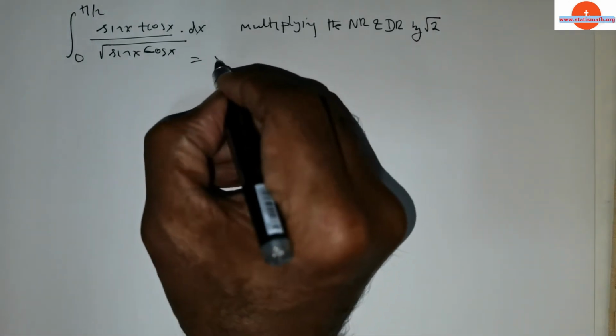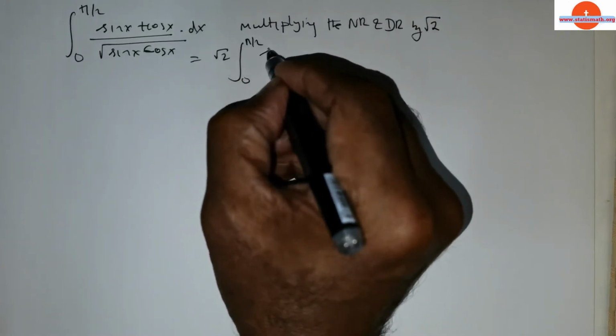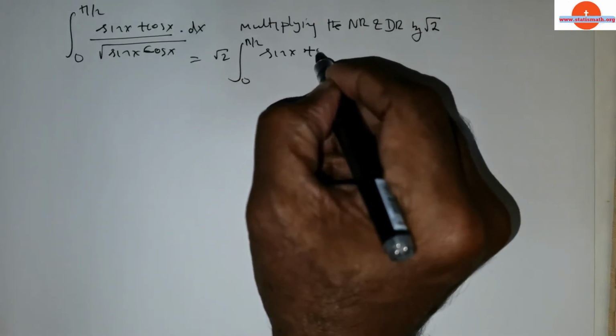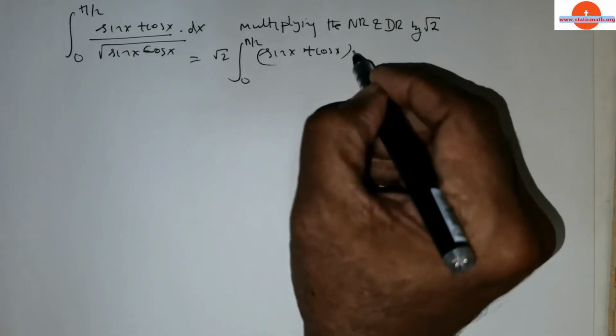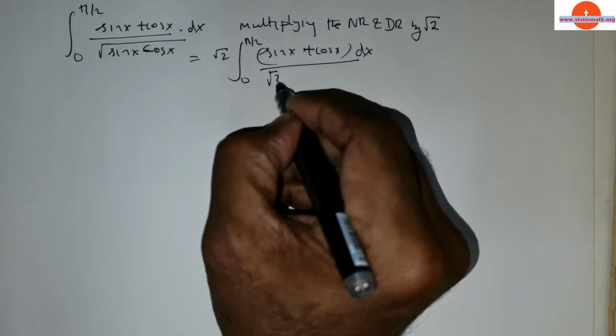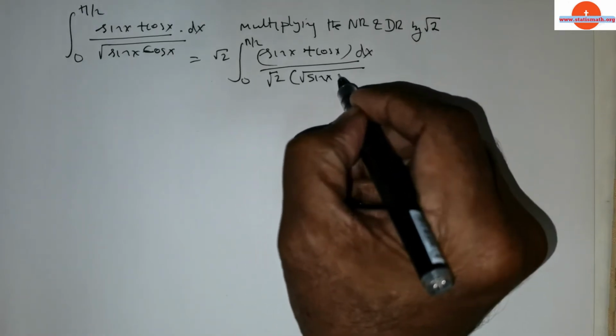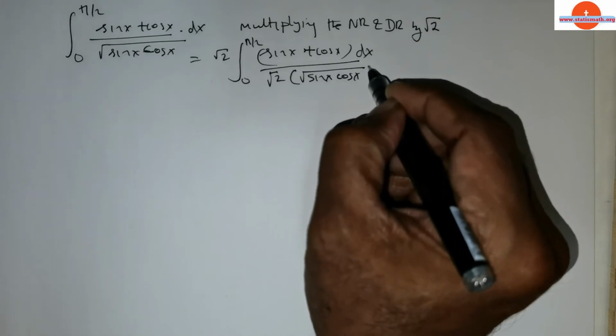So when I do that, I would get root 2 times 0 to pi over 2 sine x plus cos x times dx divided by, of course there is going to be a root 2 times root of sine x times cos x.